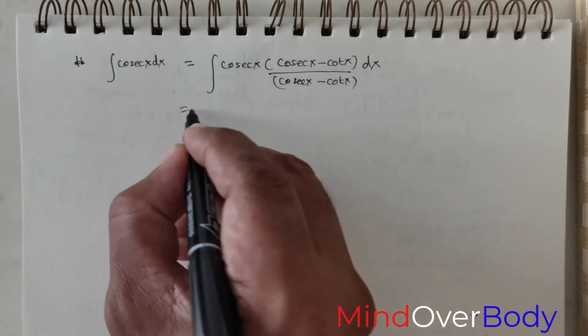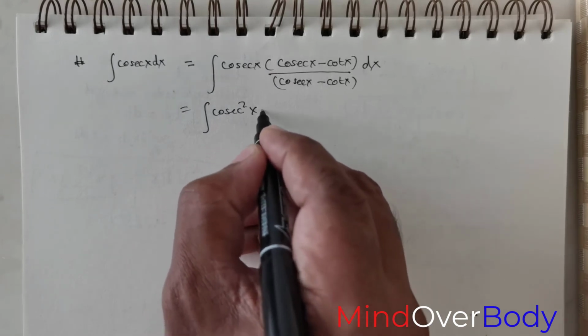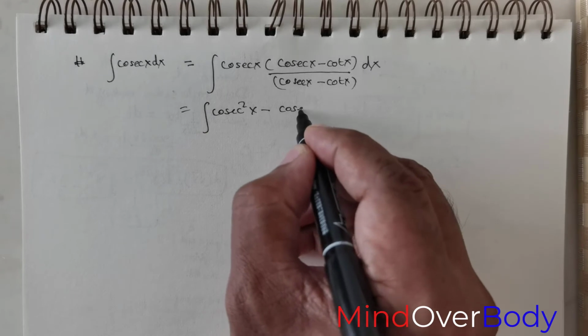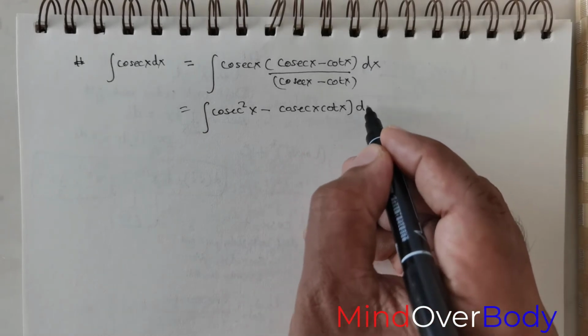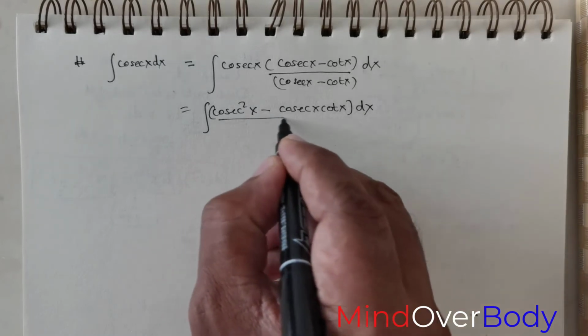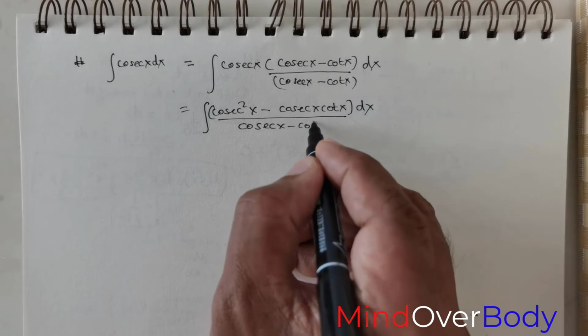Now I'm going to distribute cosecant x, so this is going to give me (cosecant squared x minus cosecant x cot x) dx divided by (cosecant x minus cot x).